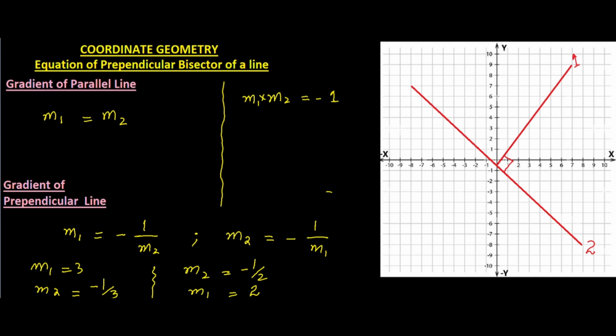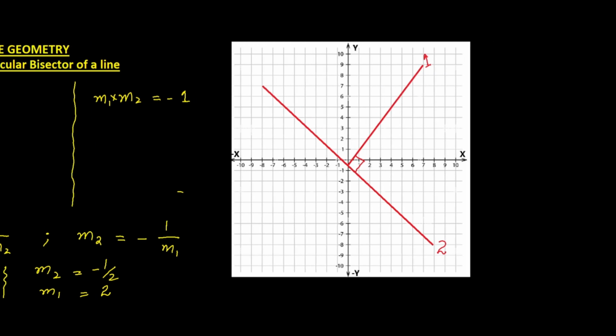So now we will discuss how to find the equation of a perpendicular bisector of a line. Let's suppose we have a straight line. This is the straight line we have. On this straight line, two coordinate points are given to us.